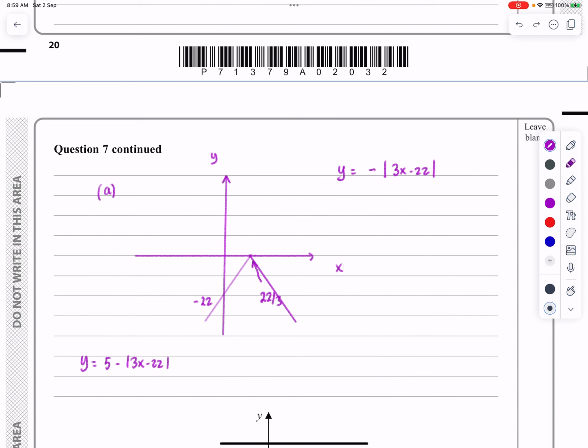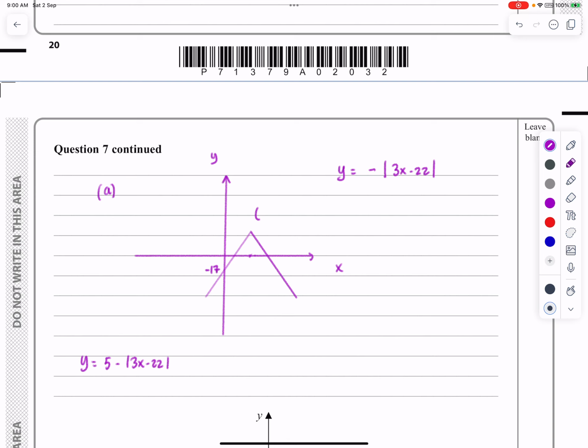If we do that with this line here and move it up by 5 units, just roughly, because I'm not going to be using this graph anyway, we're now saying this is at minus 17, not minus 22.